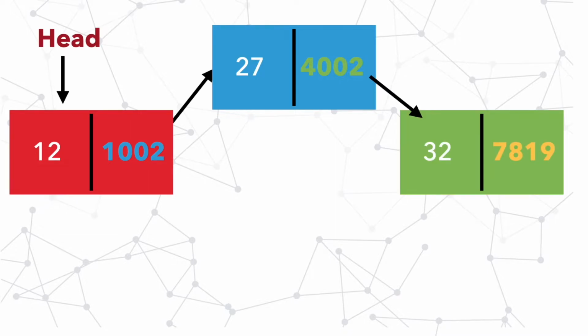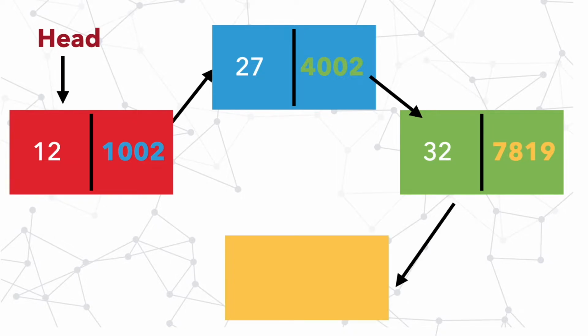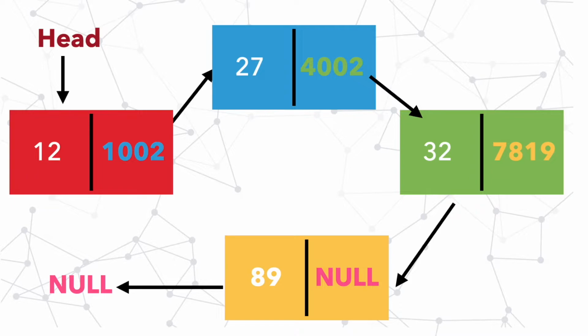Then it has a yellow address, so that will point to a yellow node, and similarly at the end it will point to a null node. So basically you can see it is not a circular arrangement, guys. It is a linear arrangement.